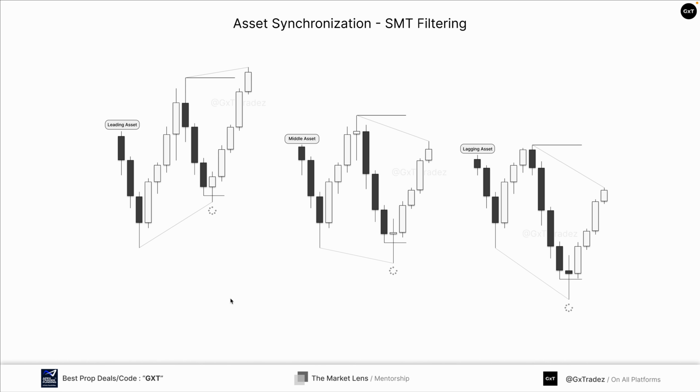It's very simple. Now, as far as asset synchronization, this is all really about SMT filtering. So how do we filter SMT? Because every single time price reverses, the leading asset is going to hit an opposing objective first. So what does that create? SMT every single time. This is the problem with ICT traders.